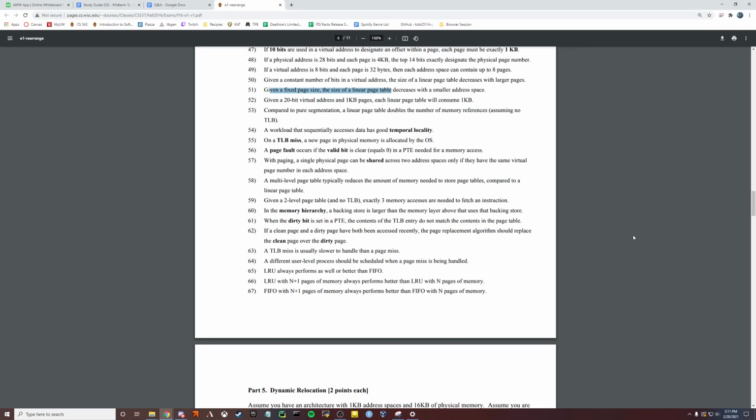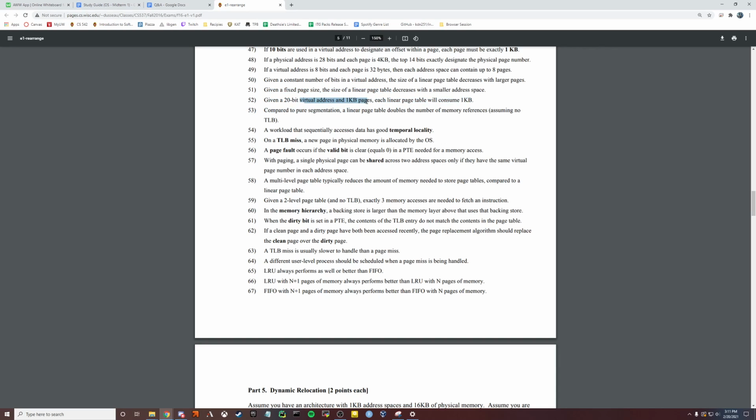Yeah, I think that makes sense. So then it'd be a smaller page table. When I say smaller page table, it just means the number of pages in the page table, not the size in memory of the page table, right? So 51 is true? Yeah, I think so. Okay.